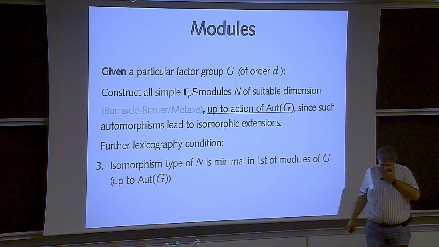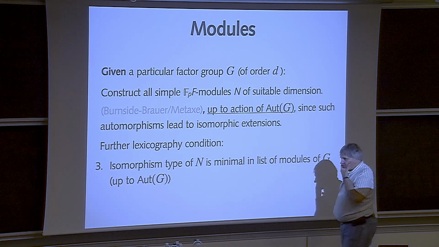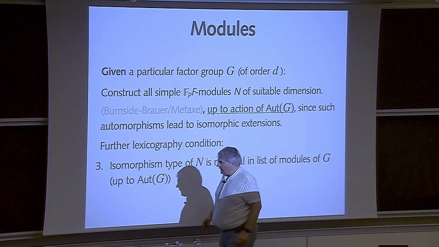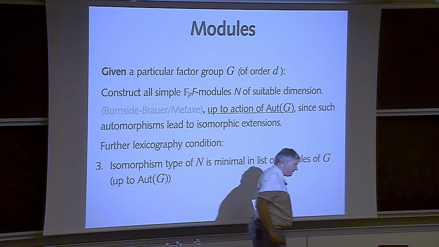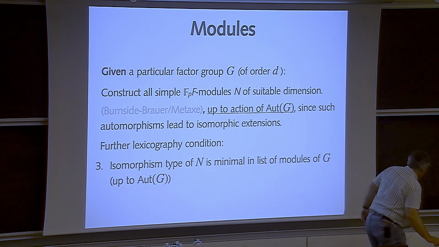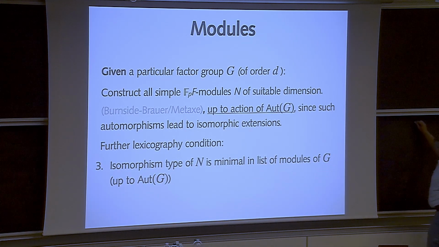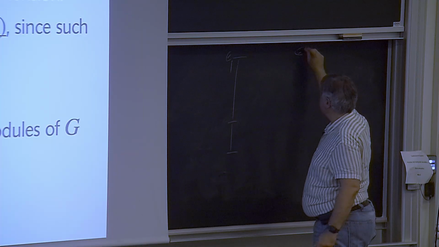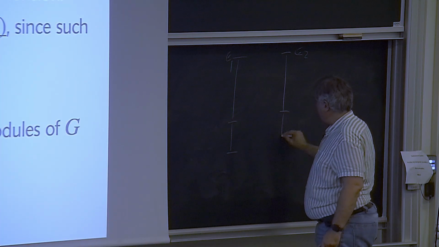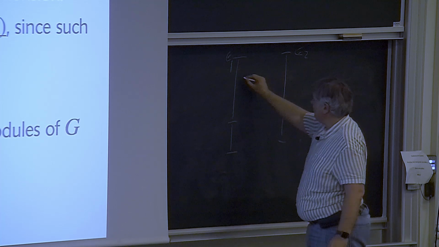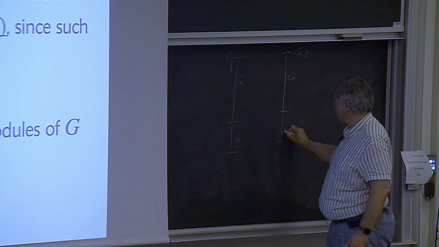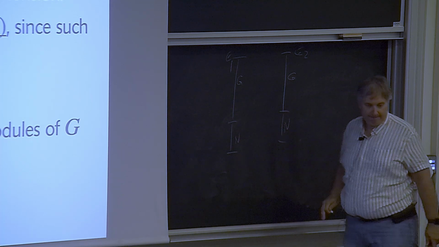Okay, so there is one more thing which I can do to handle isomorphism. Let's say I have two such extensions, an extension E1 and an extension E2. In both cases, I have the same factor group and the same type of module down here.